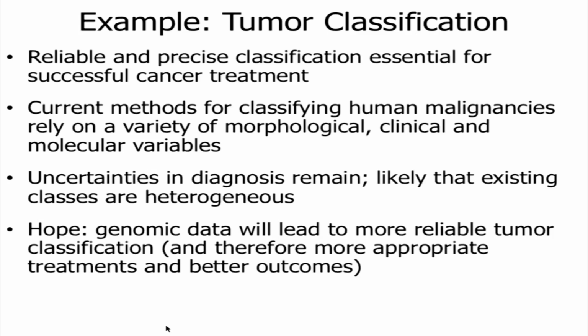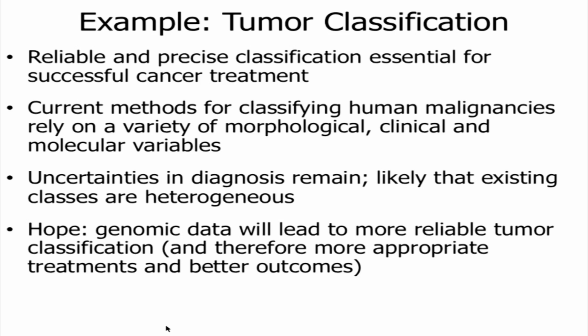Current methods classify these human malignancies based on so-called morphological criteria. In other words, a pathologist looks through the microscope. But this is a rather crude measure.